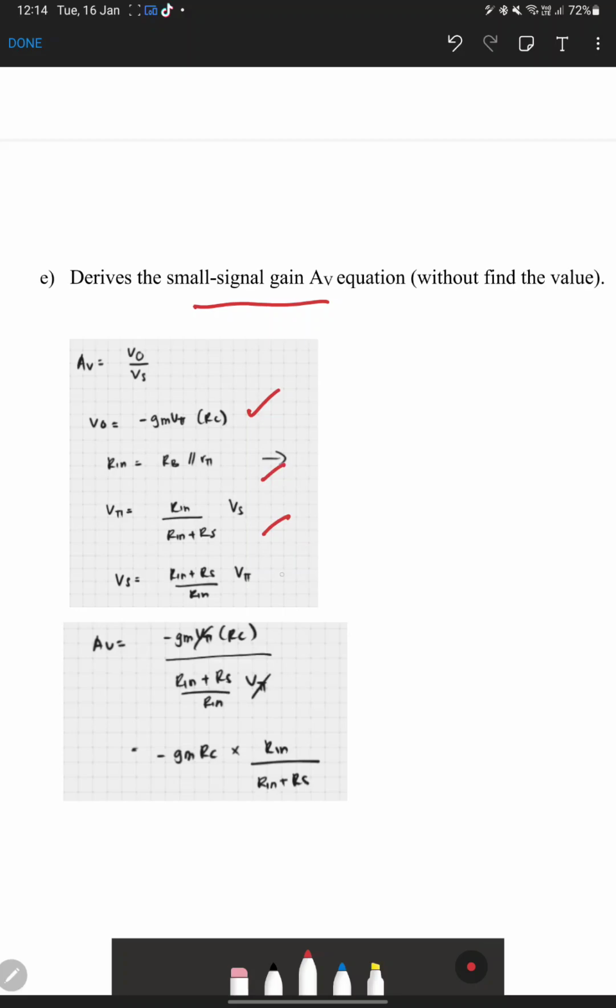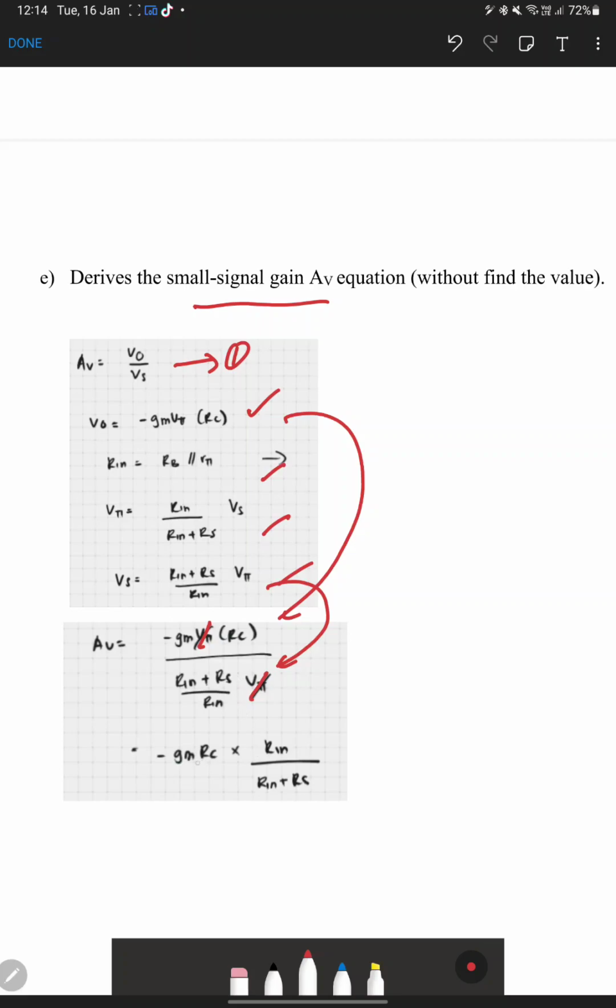So we got this, and we got the VS, and we replace inside equation 1. So just replace back. We put VS in here, V out here, and then we do simplifications. Both equations have V pi, so we can eliminate V pi, and then the rest we rearrange back.